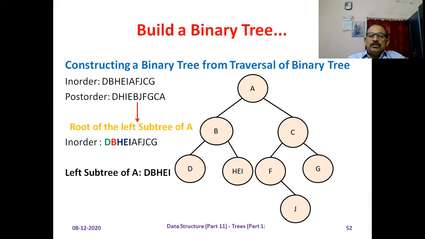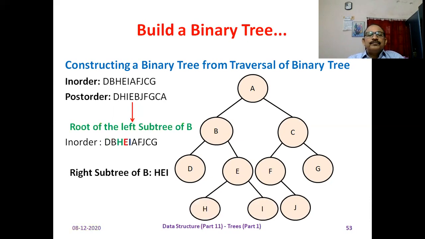Now focus on H, E, I. Here in H, E, I, E appears first in the post-order traversal sequence. You can say E becomes the root of H, E, I. Now see the in-order traversal sequence.